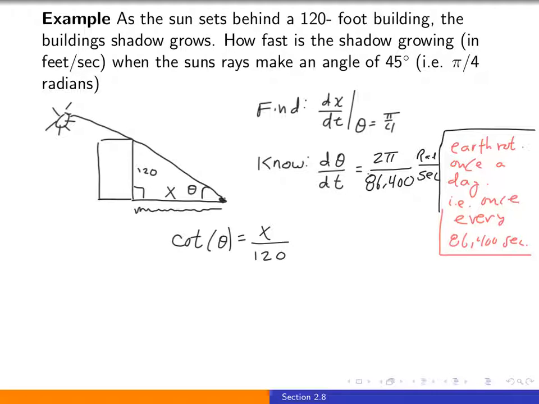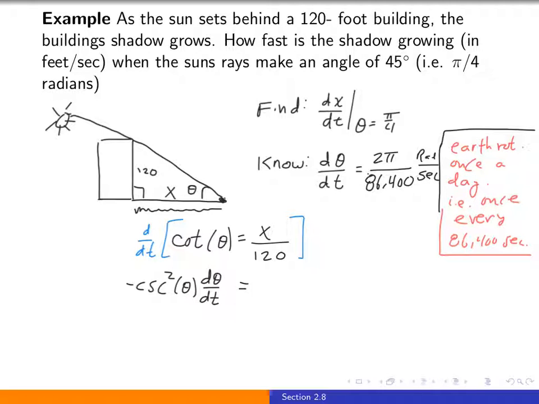Let's go ahead and implicitly differentiate everything with respect to t. When we do so, we have to remember the derivative of cotangent, one of these common trigonometric derivatives, is negative cosecant squared. We evaluate it at the inside function, and then we multiply by the derivative. So with an implicit derivative, you differentiate exactly how you would like to, then multiply it by d theta/dt.